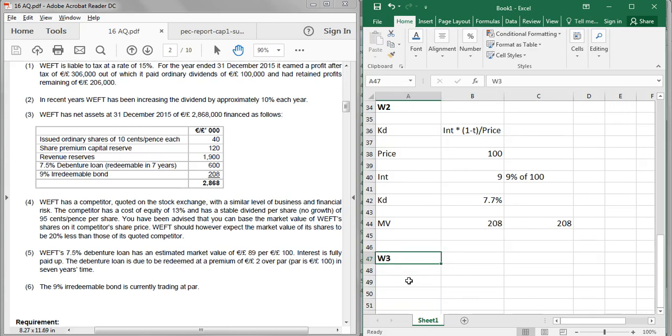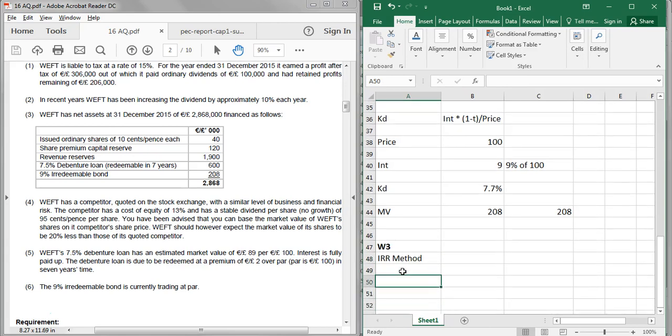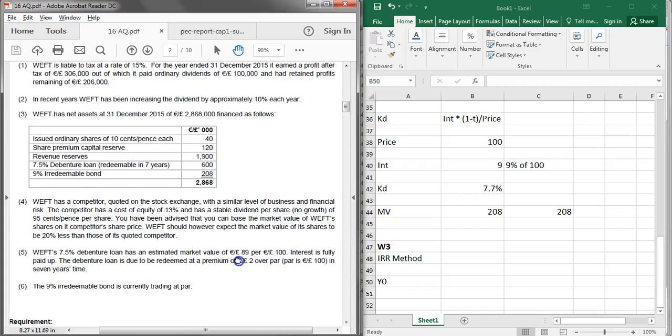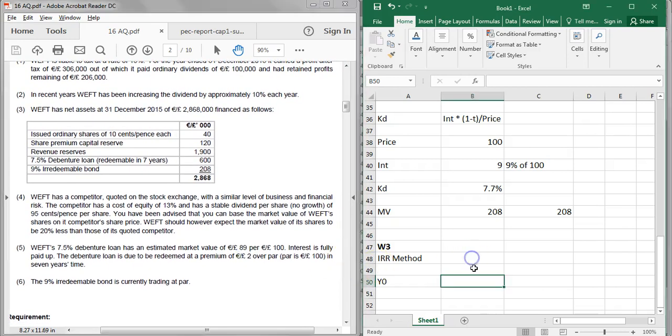This is a redeemable debenture. Now because it's redeemable, you have to use the IRR method. So you have to run an IRR to figure out what the true cost of this is. So first thing we need to look at is the cash flows. In year 0, your outflow is the market value, currently 89. So you have a minus 89 put in there.